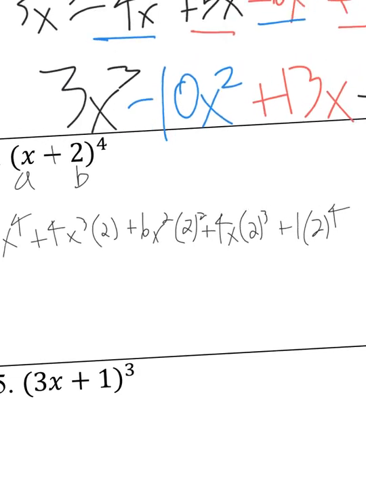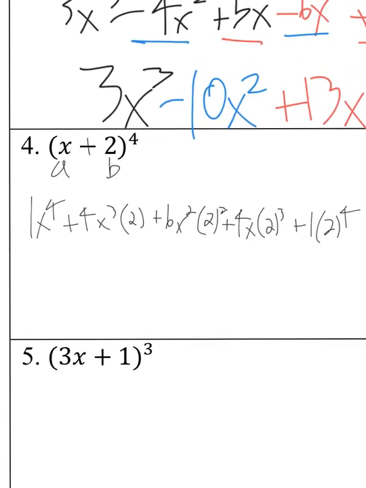Okay? So once you have everything out, now just simplify your multiplication. The first term, 1x to the fourth, you can just write x to the fourth. The second term, 4 times x to the third times 2, that can just be written as 8x to the third. 6x squared times 2 squared. Well, 2 squared is 4, and 4 times 6 is 24, so I'm going to write 24x squared.